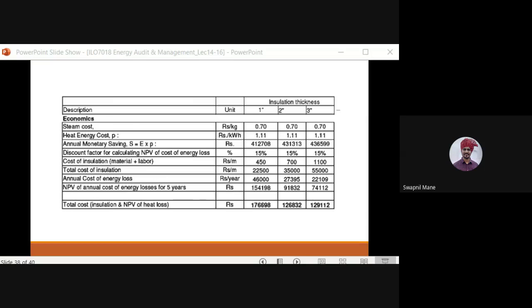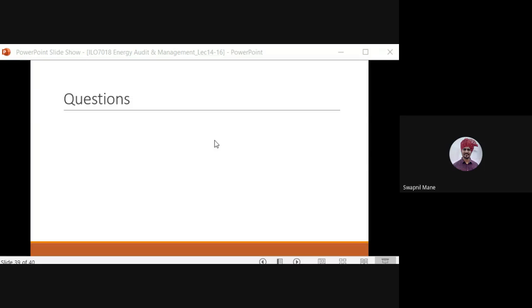So life cycle cost and annualized life cycle cost you have to calculate for a given material, and then you can say that this insulation is better for my application. Okay, having said this, let us summarize what we have done up till now. We started with furnaces. We have done the classification of furnaces.